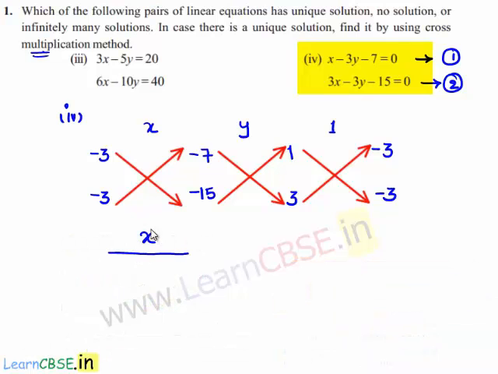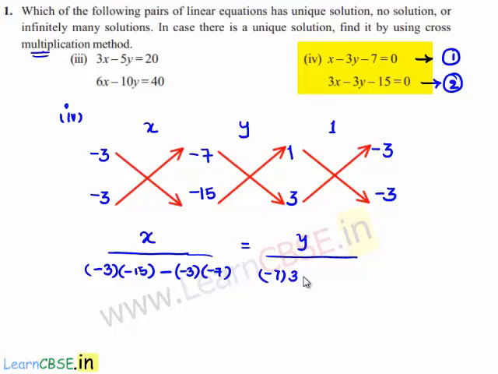x divided by, on cross multiplication we get minus 3 multiplied by minus 15 minus minus 3 multiplied by minus 7, is equal to y divided by minus 7 multiplied by 3 minus minus 15 multiplied by 1, is equal to 1 divided by 1 multiplied by minus 3 minus 3 multiplied by minus 3.